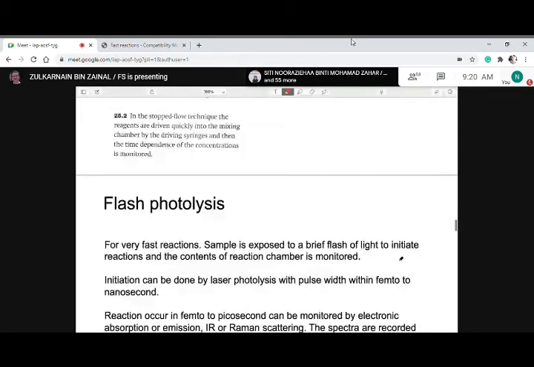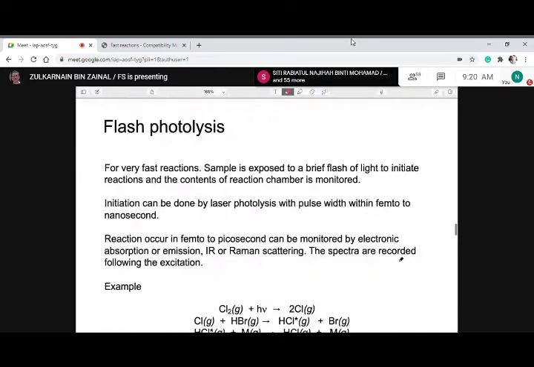reaction. So the other fast reaction technique is flash photolysis. This reaction is very fast, and the sample is exposed to a brief flash of light to initiate the reaction, and the content of the reaction chamber is then monitored, right?